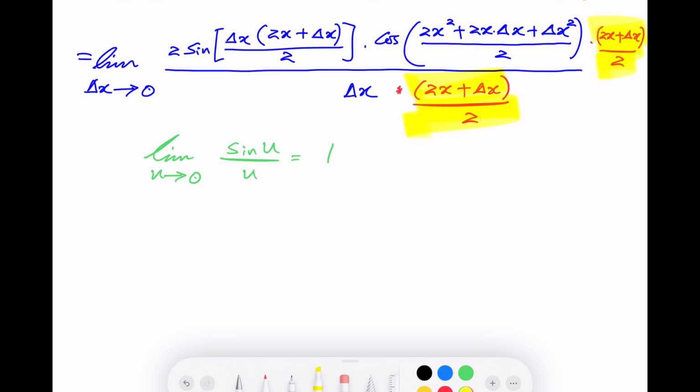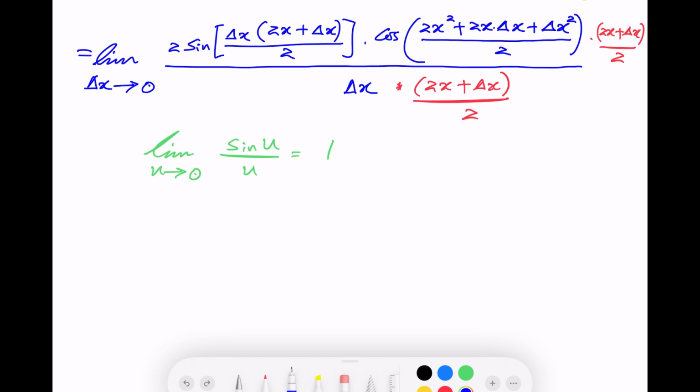Alright, now we can do some further simplifications. This limit problem is now equal to limit, I will still write just as delta x approaches 0. On the numerator, we can do some further simplifications actually. The 2 right here can be simplified with this 2 right here. So those 2 2's can be cancelled.